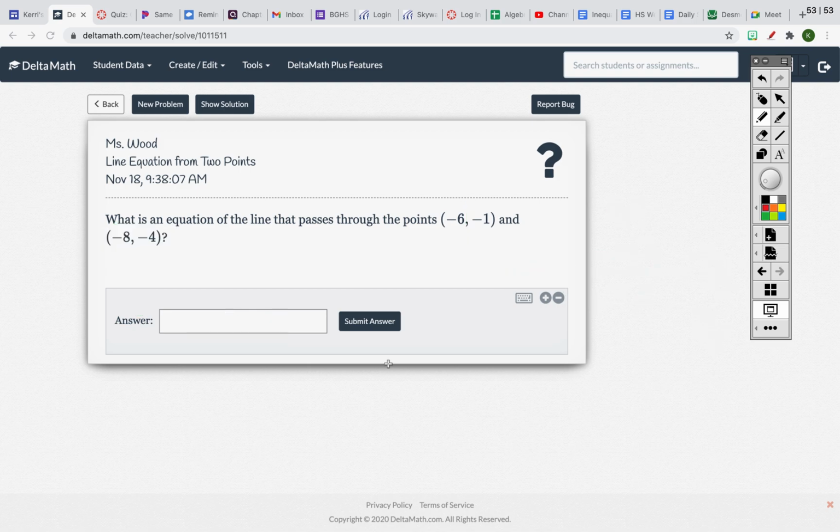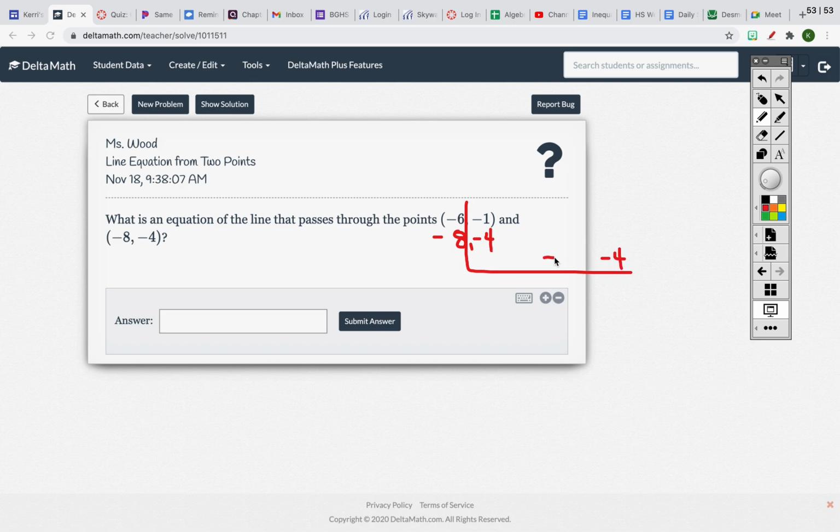Now, unfortunately, for this skill, they didn't intentionally make it 0, comma b. So you're going to have to do another step. So again, the first step is going to be to slip and slide.